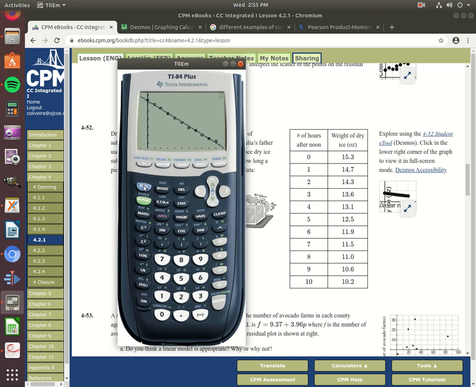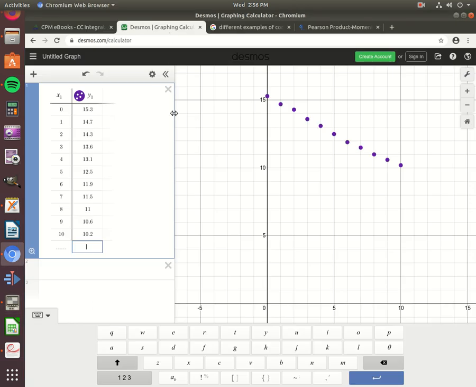But here's the beauty of a residual plot. I'm going to change it from L1 to L3 because remember my residuals are now in L3. And I will go zoom 9 and look at that. A very clear pattern. So ironically, this data, and by the way, I'm going to just say I have the data in Desmos right now.